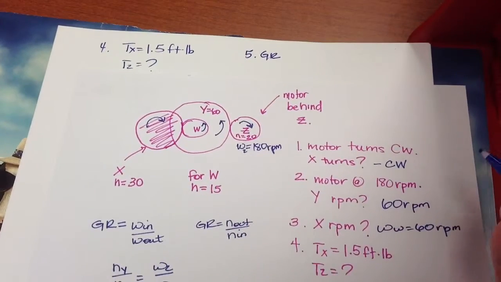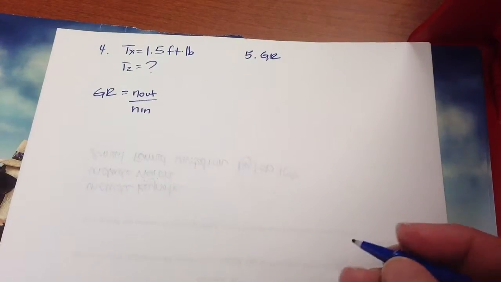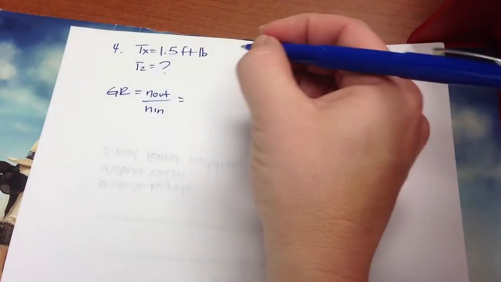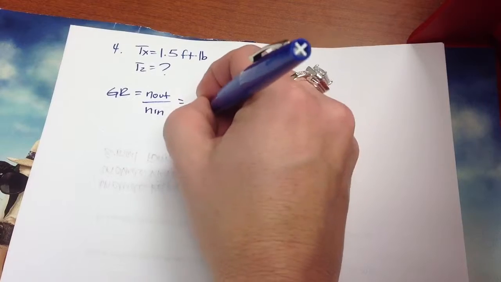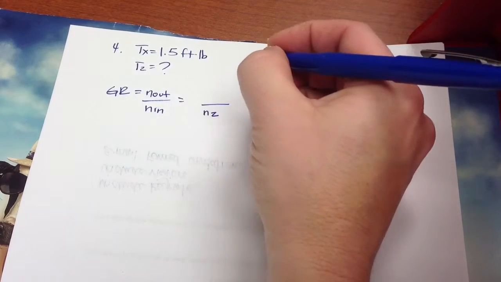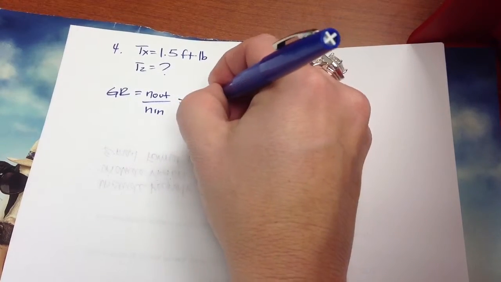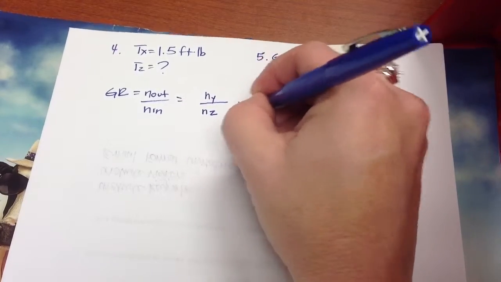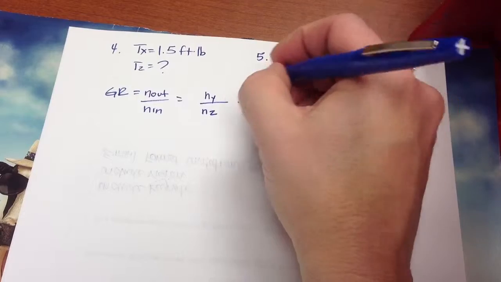So our gear ratio is going to be equal to NY over NZ times NX over NW.